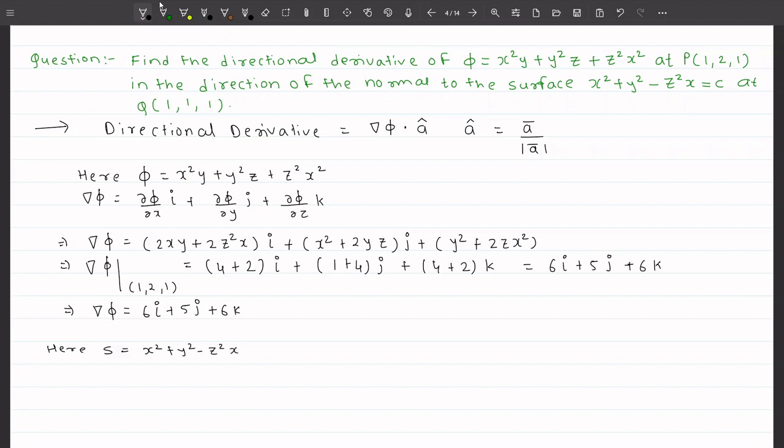Correct. This is our surface. Now we need to calculate the normal to the surface. That means, what is the normal? N cap is gradient of S upon modulus of gradient of S, right?